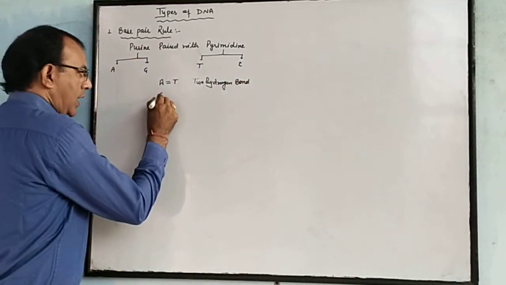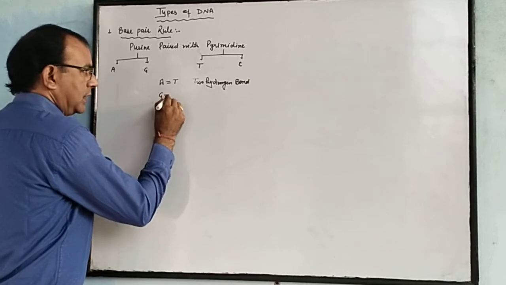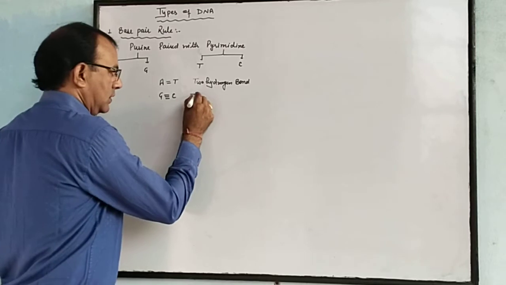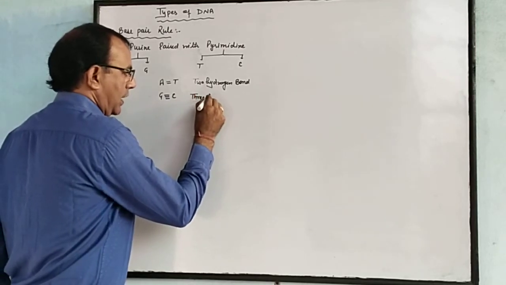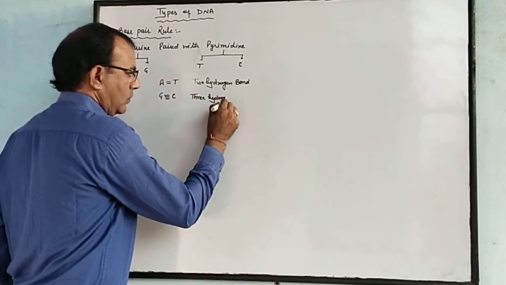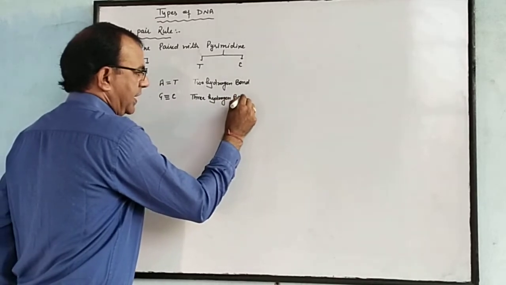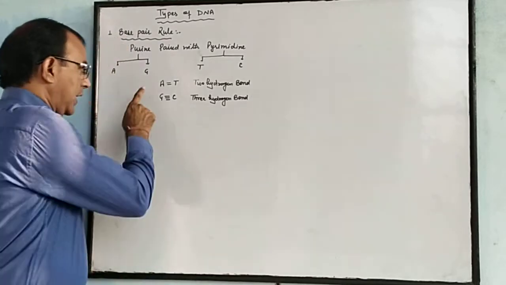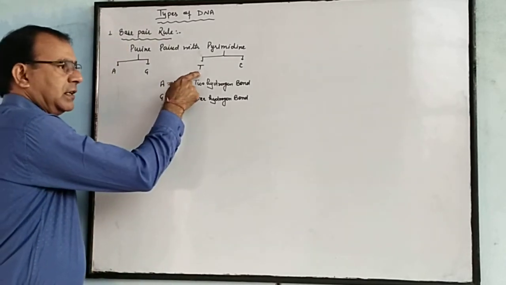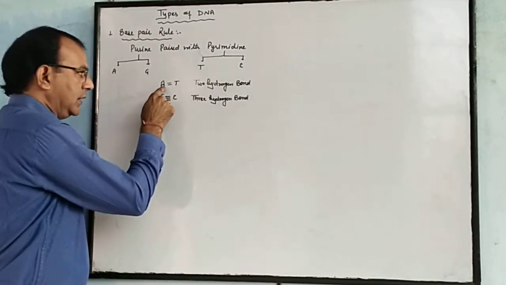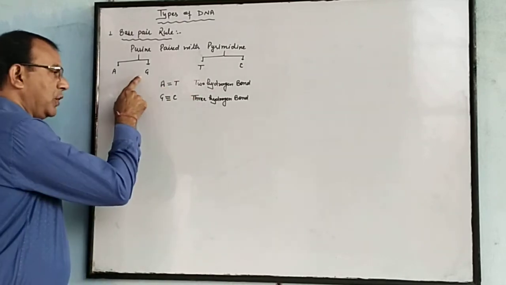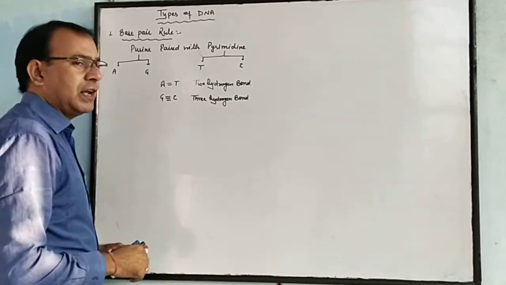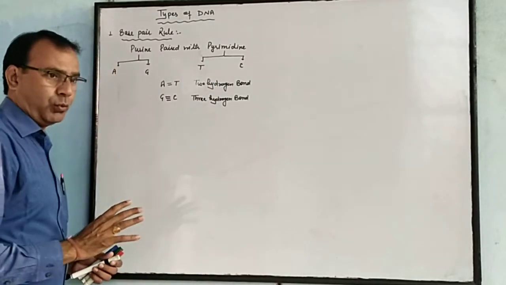And guanine is bonded with cytosine with three hydrogen bonds. This is the base pair rule: purine adenine bonds with pyrimidine thymine with two hydrogen bonds, and purine guanine bonds with pyrimidine cytosine with three hydrogen bonds.